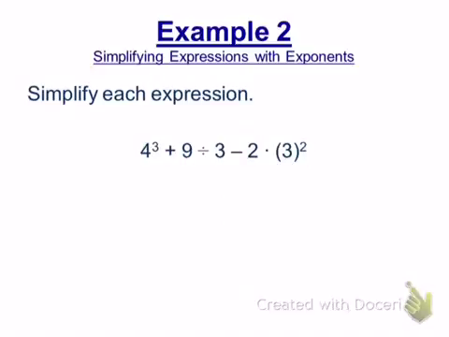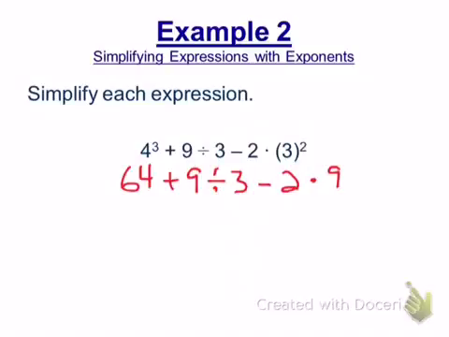All right, now listen. Let me double check that. Here we get 64, right? We'll do our exponents first. Plus 9 divided by 3 minus 2 times 3 squared is 9. Okay?